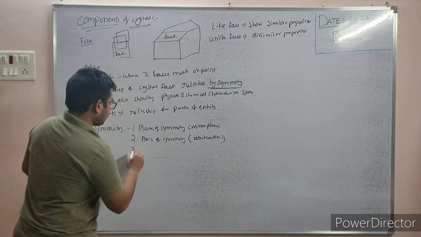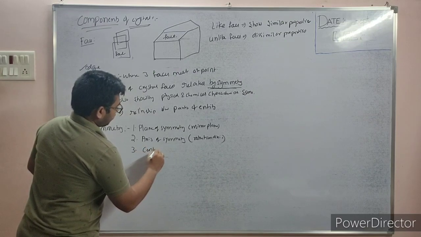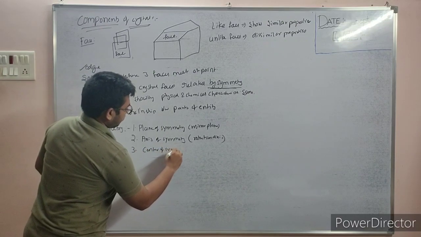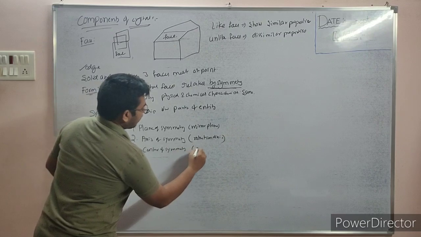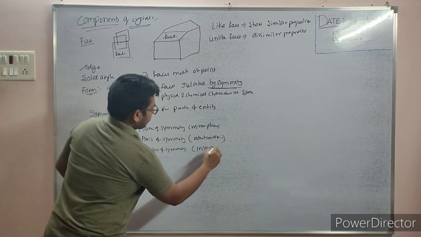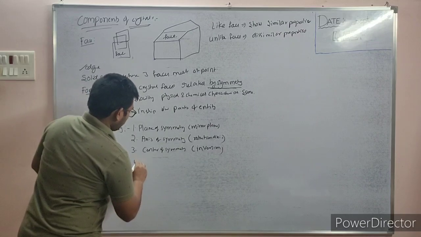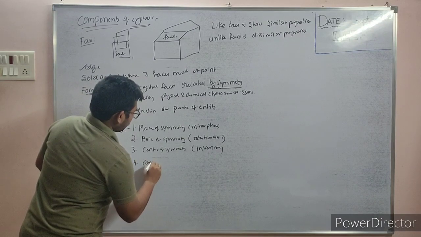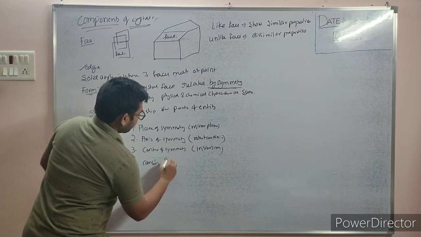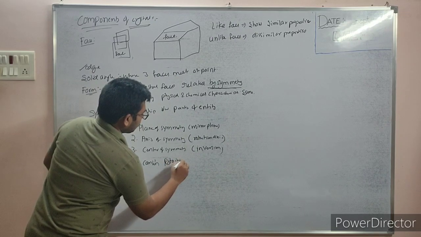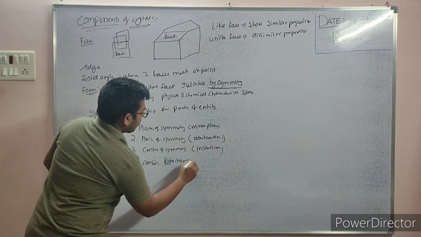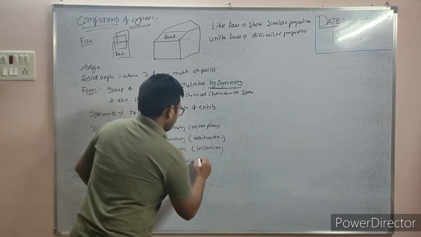Third is center of symmetry, which you can say inversion. Fourth is combination, which is roto-inversion, in which the combination involves rotation and center of symmetry.